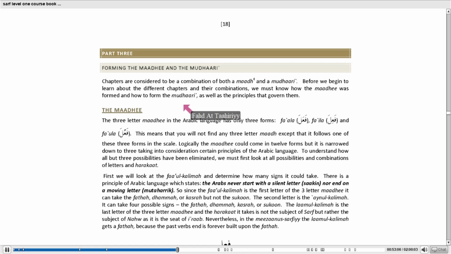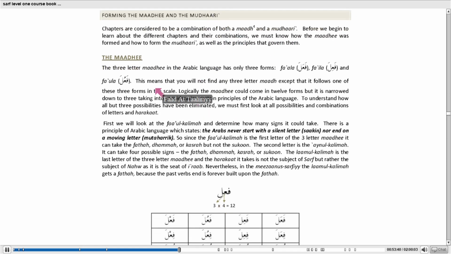This is regarding the three-letter verbs. Regarding more than three letters, it's going to be the madi, the mudari', and the masdar, that you will take at level 2, inshallah. Before we begin to learn about the different chapters and their combinations, we must know how the madi was formed and how to form the mudari', as well as the principles that govern them.